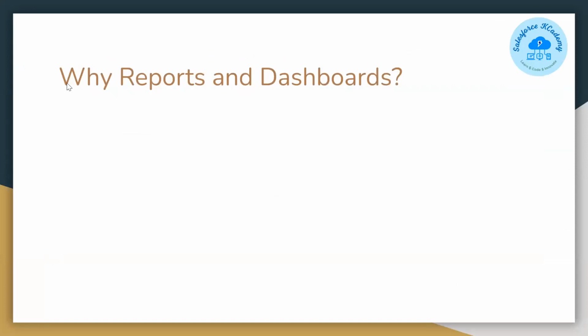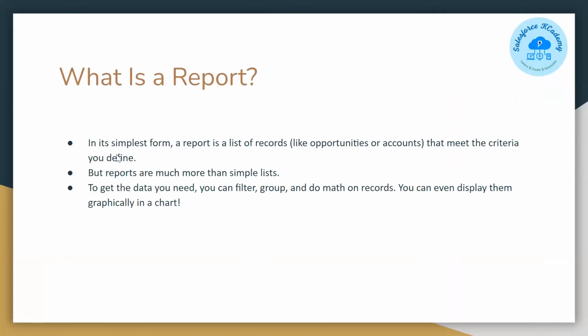So we have understood why reports and dashboards, right? We'll see what a dashboard is, but let us see what a report is first. A report is a filtered result of the records that have certain criteria. Is it clear? Now, what is a report? In its simplest form, a report is a list of records like opportunities or accounts that meet the criteria you define.